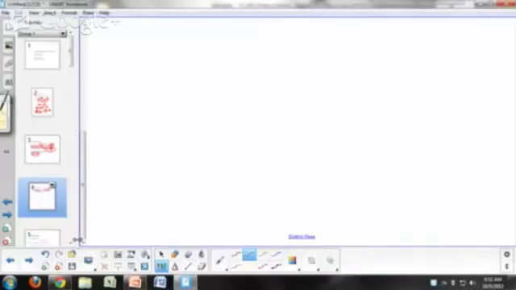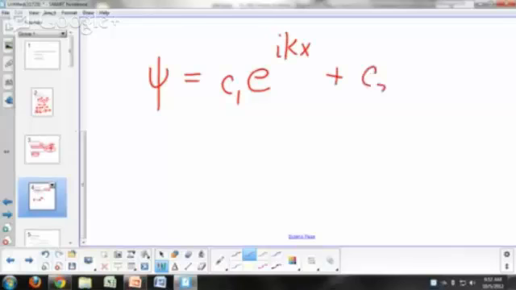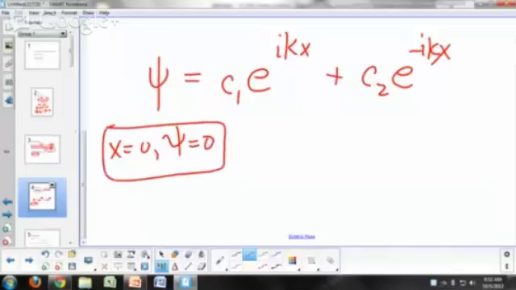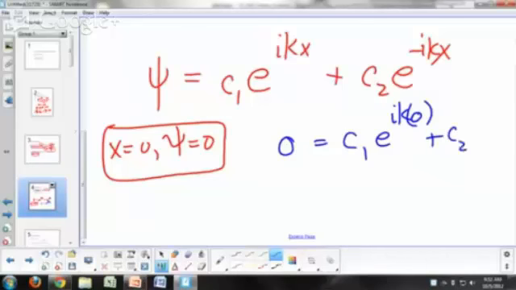What did we say the general expression for psi was? Psi is equal to C1 e to the ikx plus C2 e to the negative ikx. So if we insist that if x is 0, psi is 0, this is a boundary condition, then we can plug in 0: psi equals C1 e to the ik0, plus C2 e to the negative ik times 0.